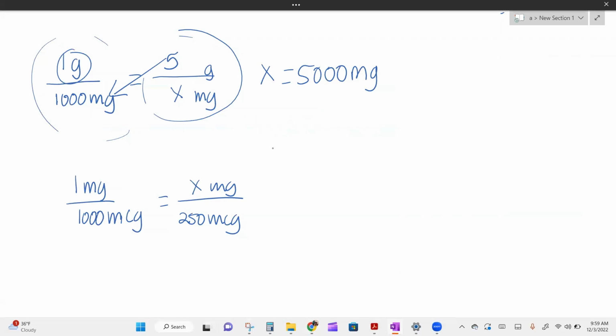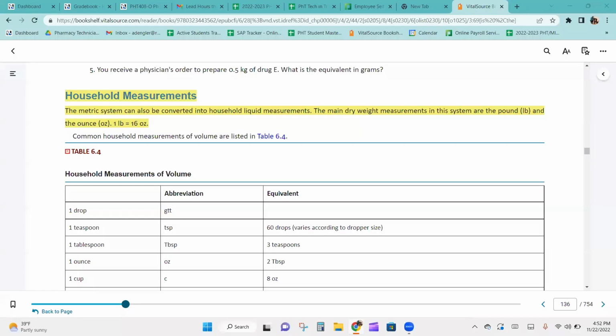So now we can do the other way. The metric system can also be converted into household liquid measurements. The main dry weight measurements in the system are pounds and ounces.